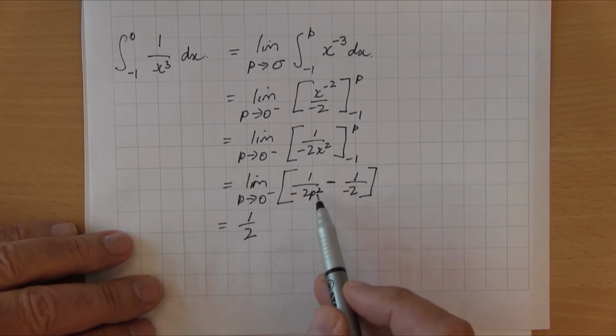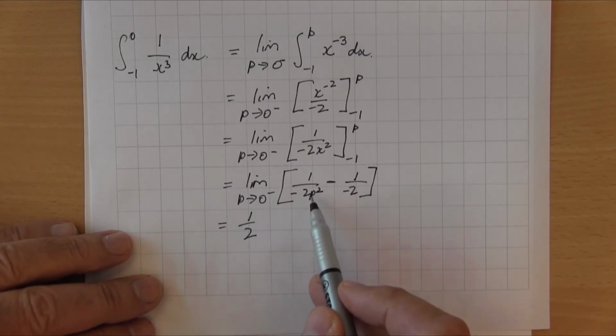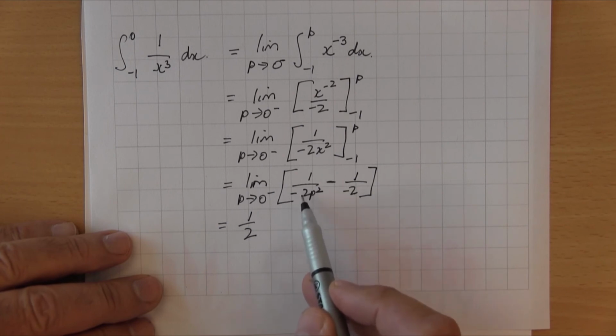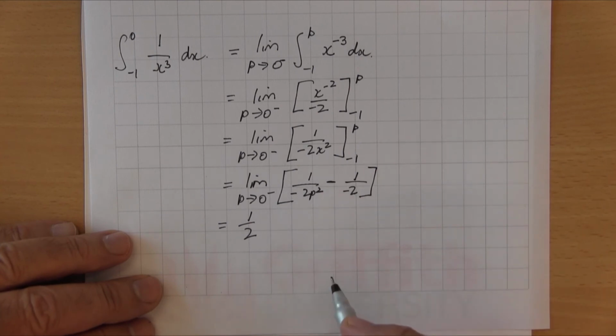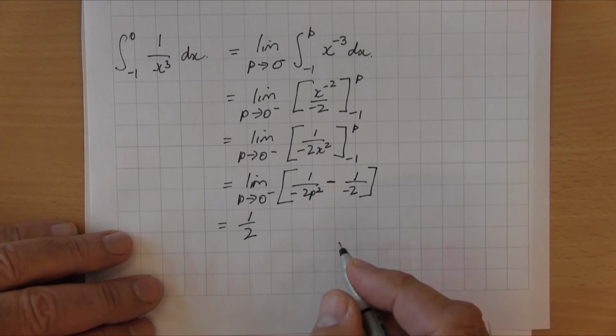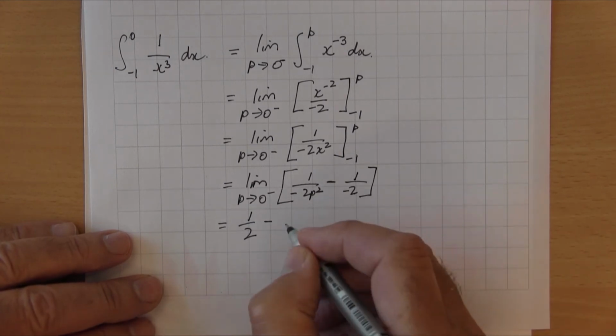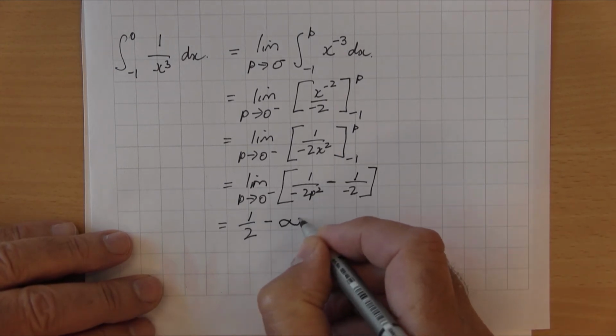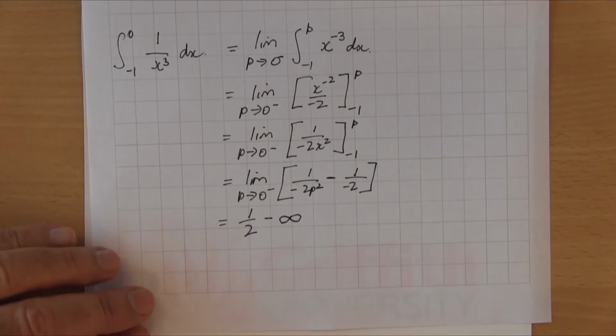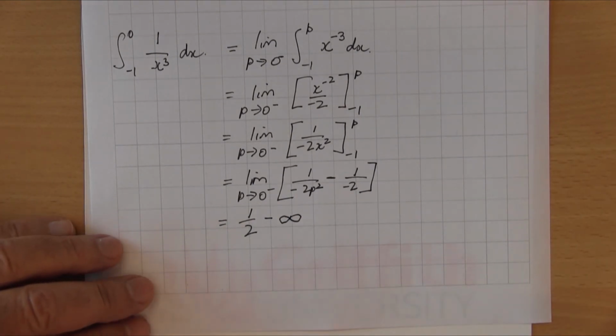And when we make p very close to 0, 0 squared is still going to be equal to 0, and it's negative 2 times 0. So this function here is going to be undefined. So this will be minus 1 over 0, which is equal to infinity.